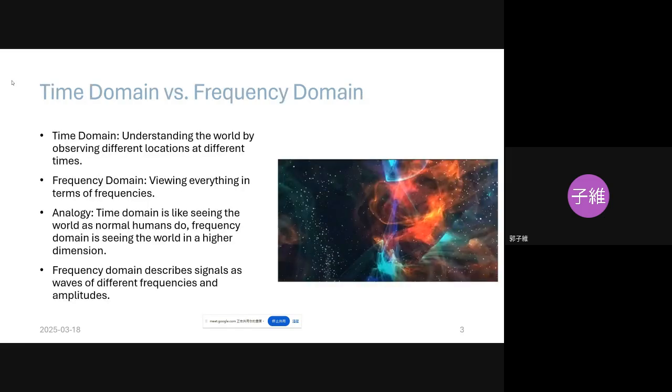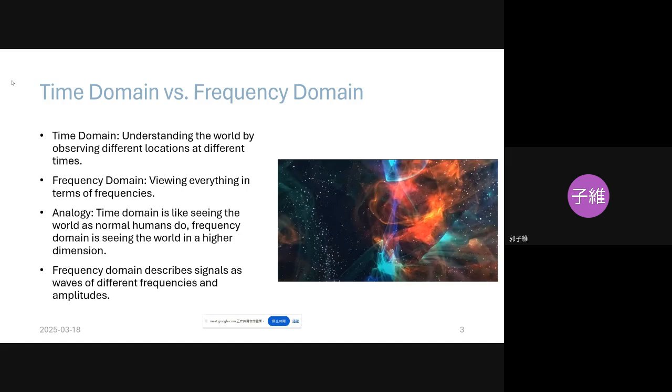So, time domain versus frequency domain. Well, in the time domain, which is the world we live in, we understand the world by observing different locations, different times, and that's what our brains tell us. Our brain builds an understanding of the world by recognizing objects at specific points in time and space.